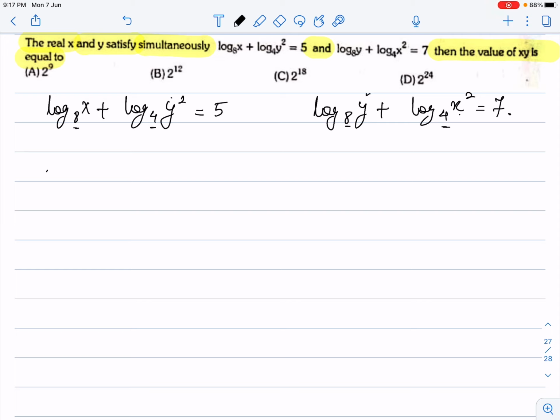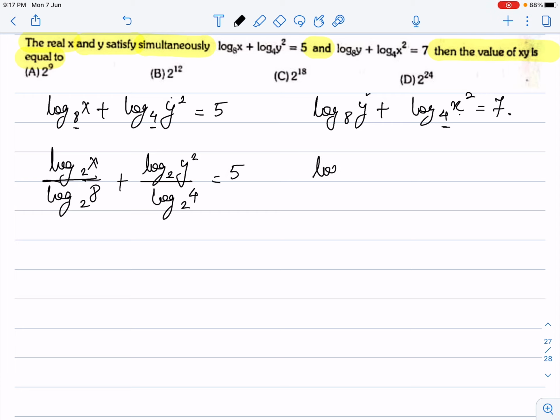So it can be written as log x base 2 divided by log of 8 base 2 plus log y square base 2 divided by log of 4 base 2 is equal to 5. Then log y base 2 divided by log of 8 base 2 plus log x square base 2 divided by log of 4 base 2 is equal to 7.